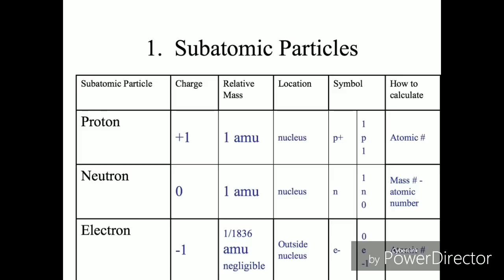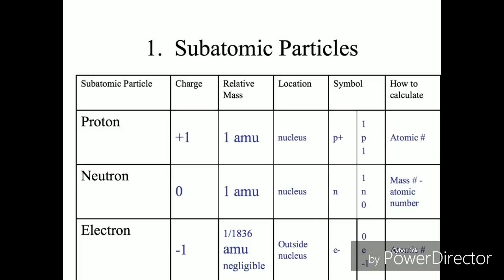So instead of measuring their mass in grams, we measure their mass relative to one another. So a proton and a neutron have a mass of 1 AMU, or atomic mass unit, and an electron has a fraction of that mass. We often see that the mass of an electron is negligible, or you can just discount it and consider it to be 0.